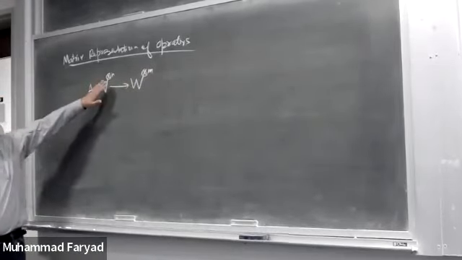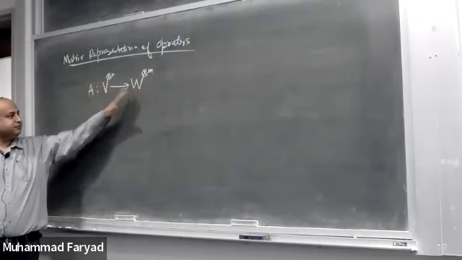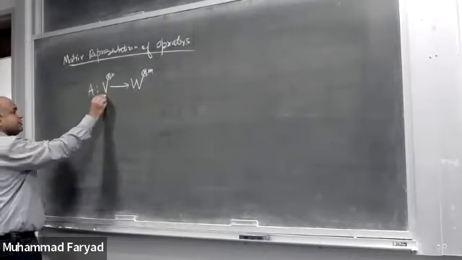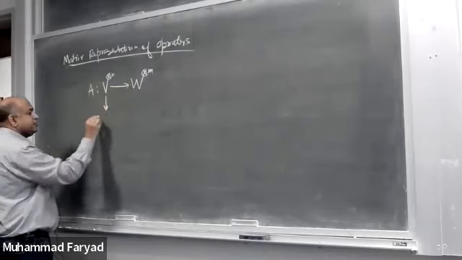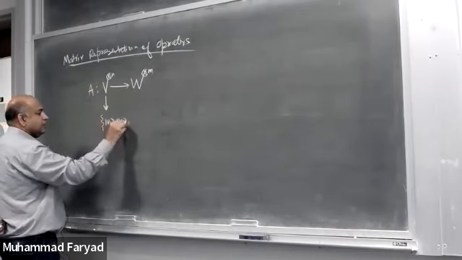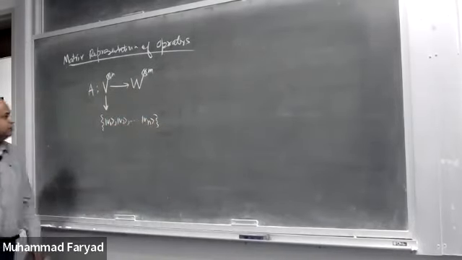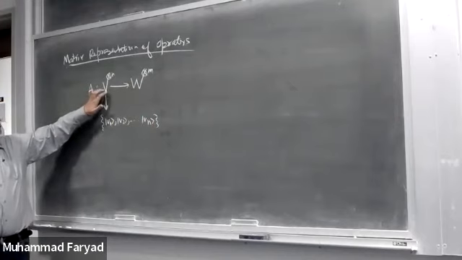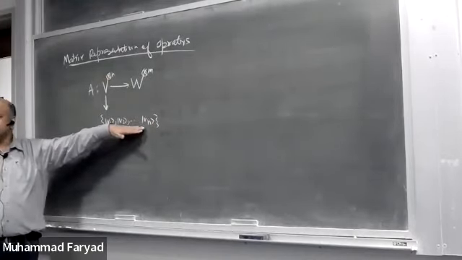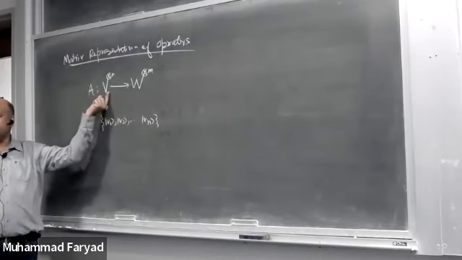This is my notation for saying that this is an n dimensional vector space and this is an m dimensional vector space. Now, it means that this vector space has a basis which has n linearly independent vectors at most. So the dimension is defined as the number of vectors in the basis that can represent all vectors in this vector space.